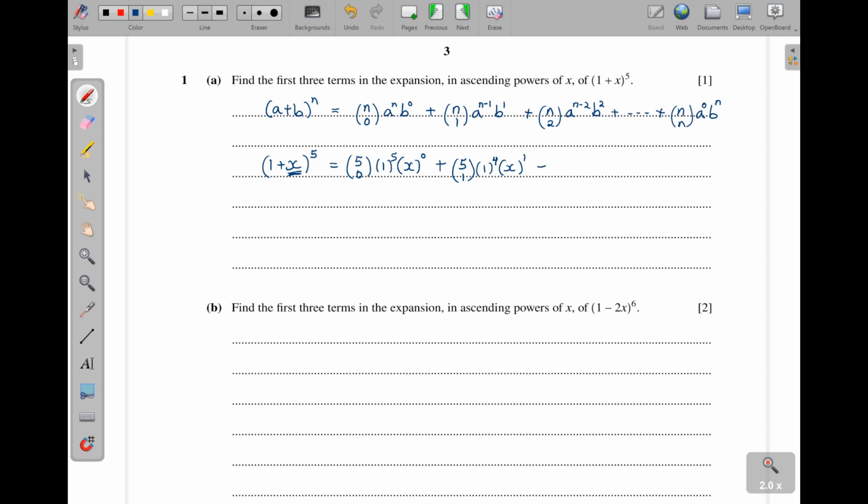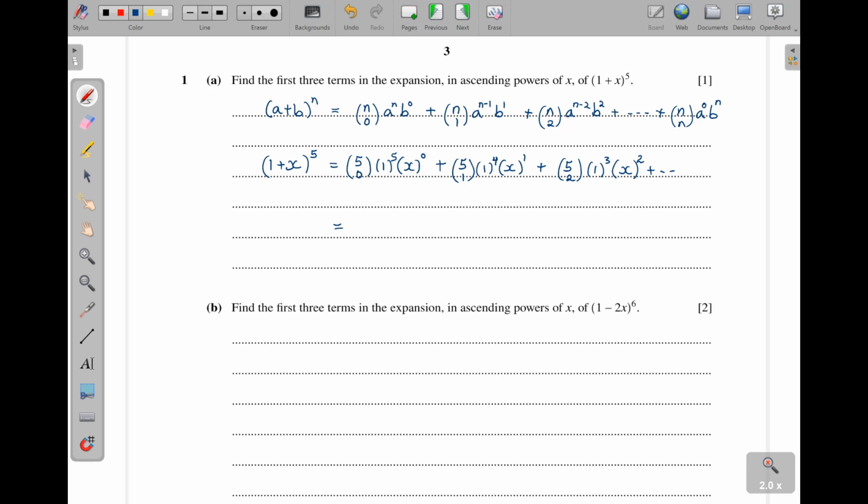1. Then they said the first three terms. So this is 1, then this is 2, and then the third one is going to be 5 combination 2, then 1 to the power of 3, and then x to the power of 2, and the rest of those, but we only need these ones here.